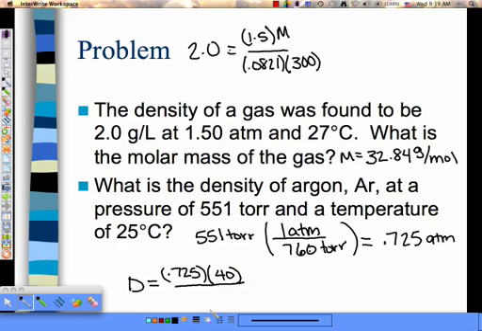It's okay if we round, as long as it's really close. If it were 39.8, I would round. And then R is 0.0821. Their temp, 298.